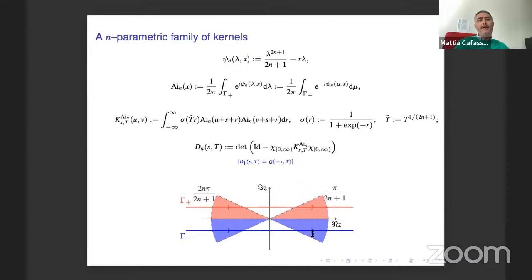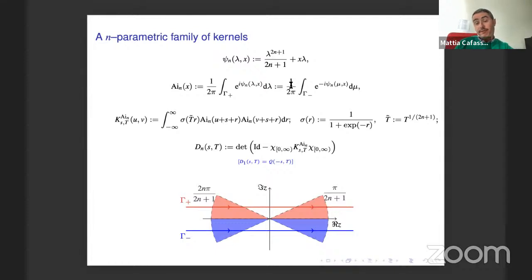So here I'm describing the kernels that we have now. Now we have n-parametric families of kernels, where small n is equal to 1, which are constructed as follows. We define what we call a phase function, psi n, depending on lambda and x, which is this function here.